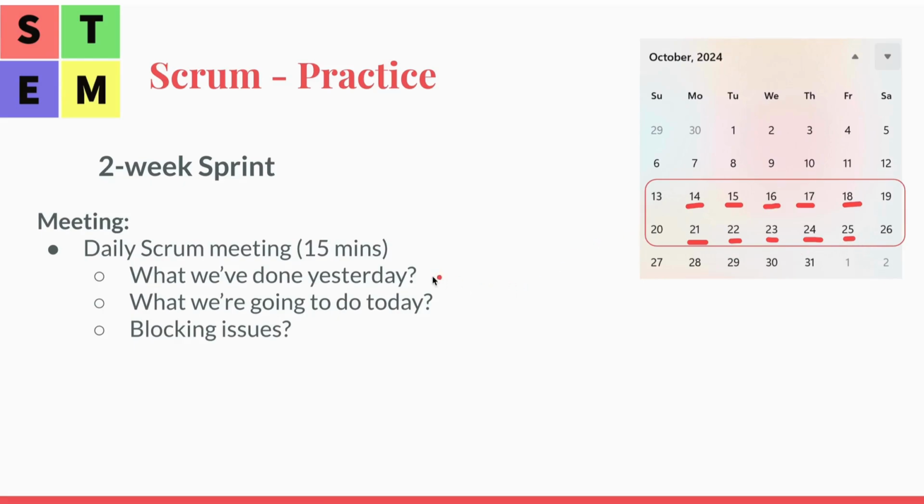The topics in each meeting are what we've done yesterday, what we are going to do today, and any blocking issues. So it's a quick update from each developer. If there are blocking issues, the Scrum Master will help to address and remove them, working with other resources to help the Scrum team. So that's the daily Scrum meeting.